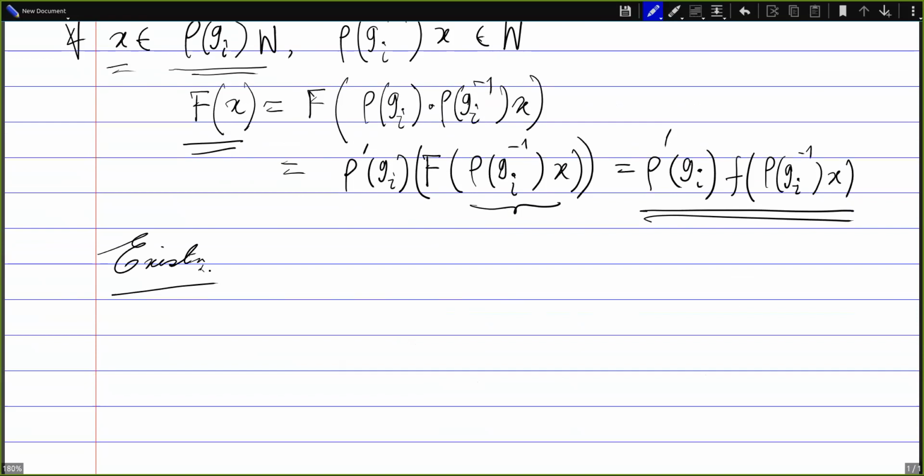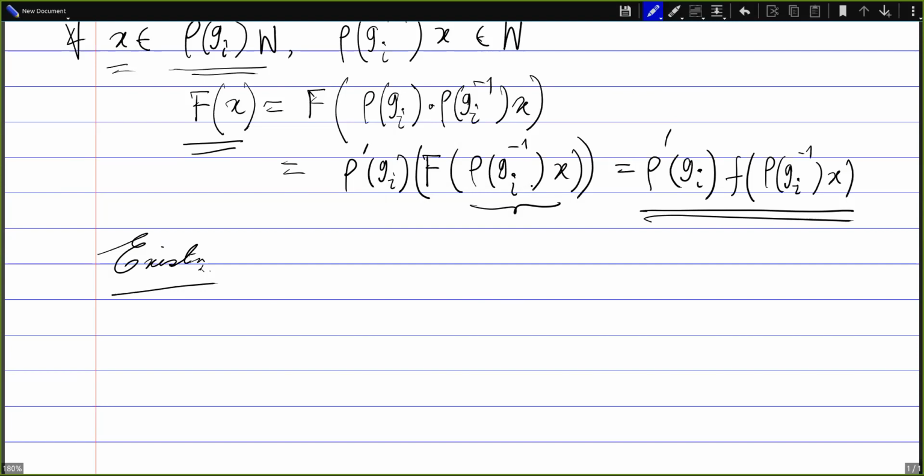The reason for proving uniqueness first is that it shows us the path to establish the existence, and we will do precisely that. Our job is to define a function f.